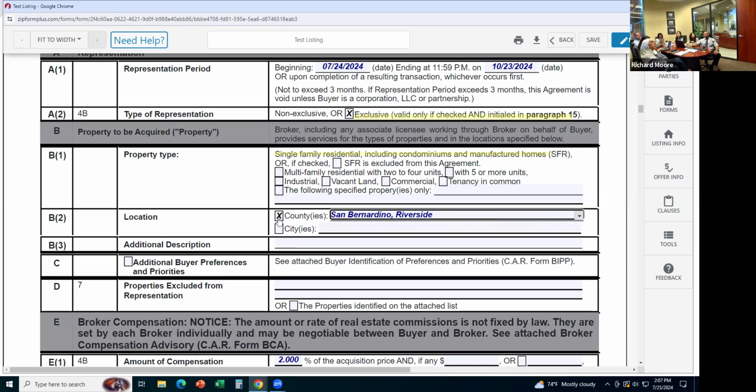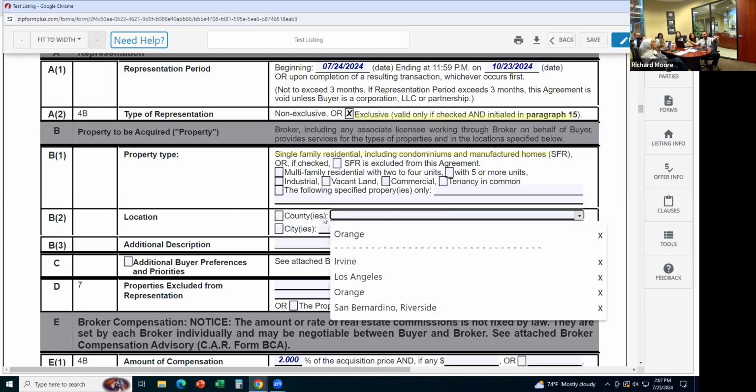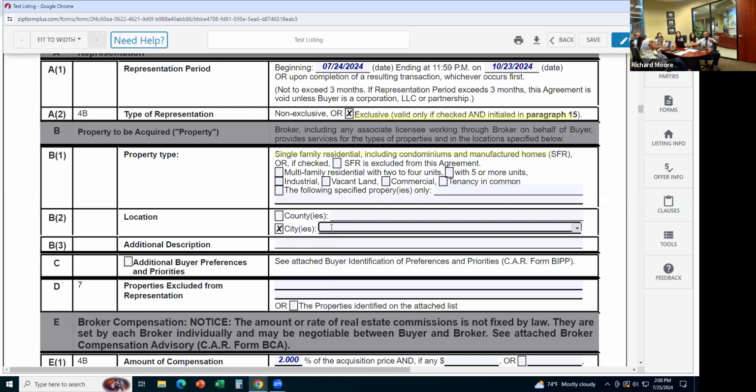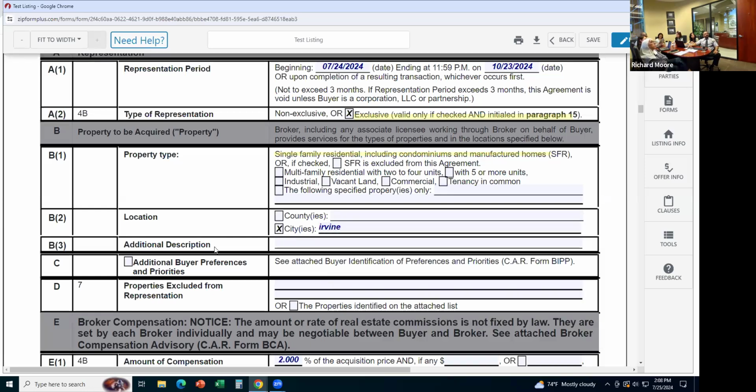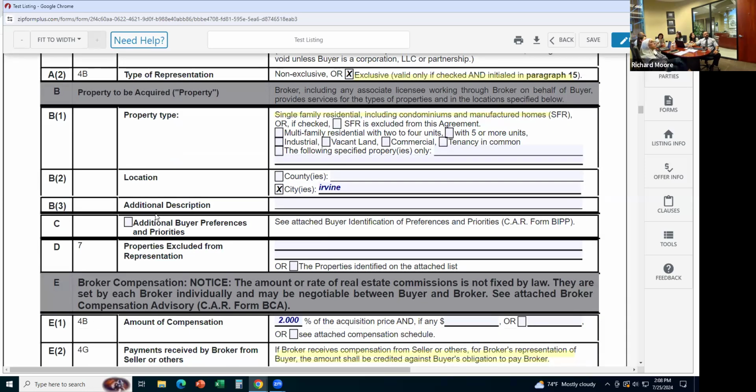But what's considered Southern California counties, and where does it start? I would just write them in. It only takes a few minutes to write in the counties you're thinking about. In this example, this person is looking at Irvine and knows exactly what they want, so I'm just going to write in Irvine. Additional description, I don't have an example of that.